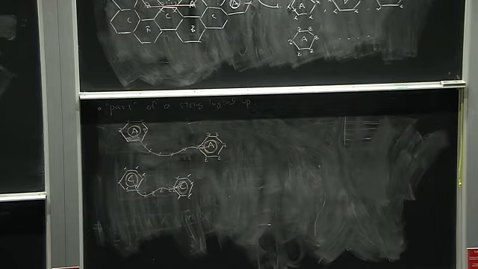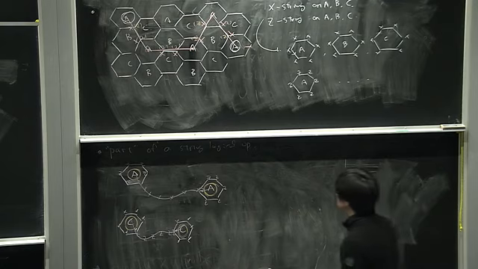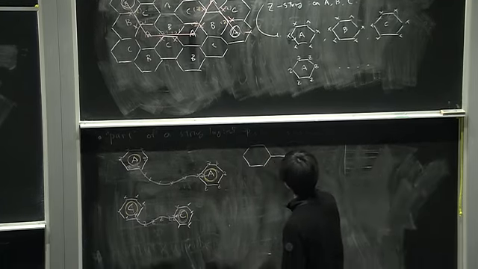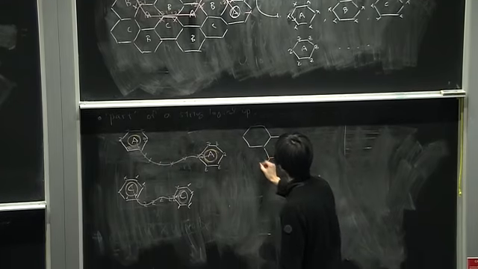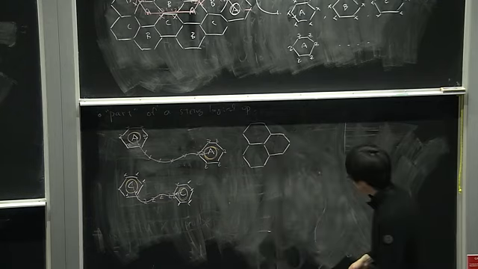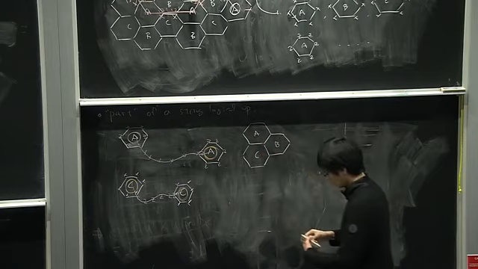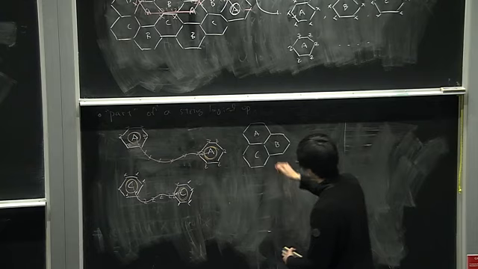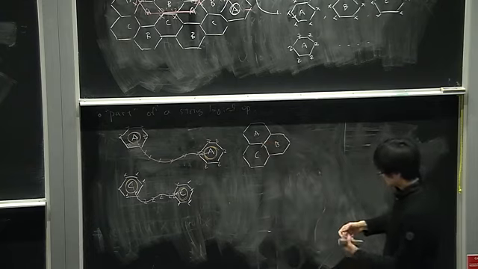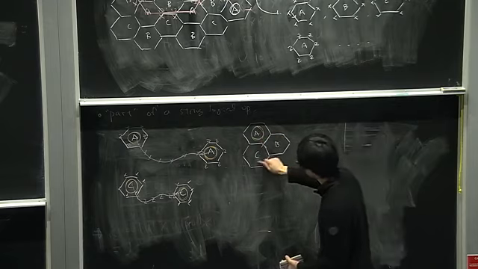But it turns out these 6 of them are not independent from each other. To see this, we can think about the following process. A, B, C. And let's just apply a single Pauli X operator here. Now this anti-commutes with this Z term here and here.